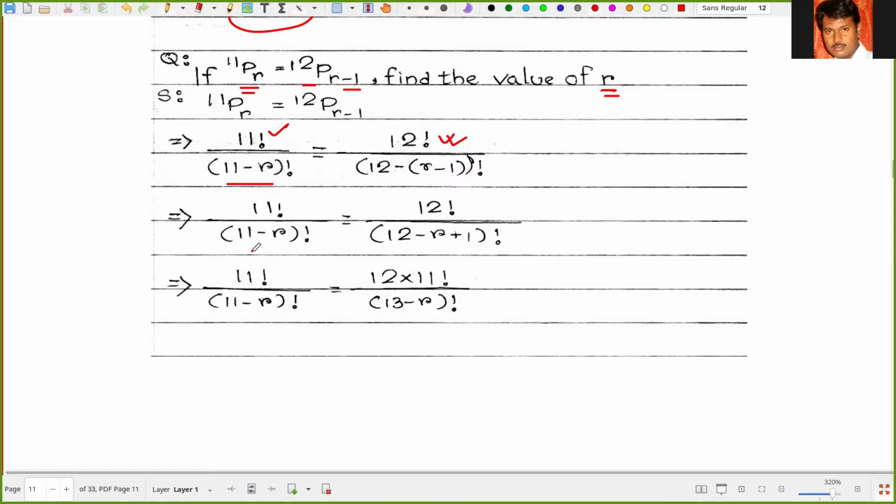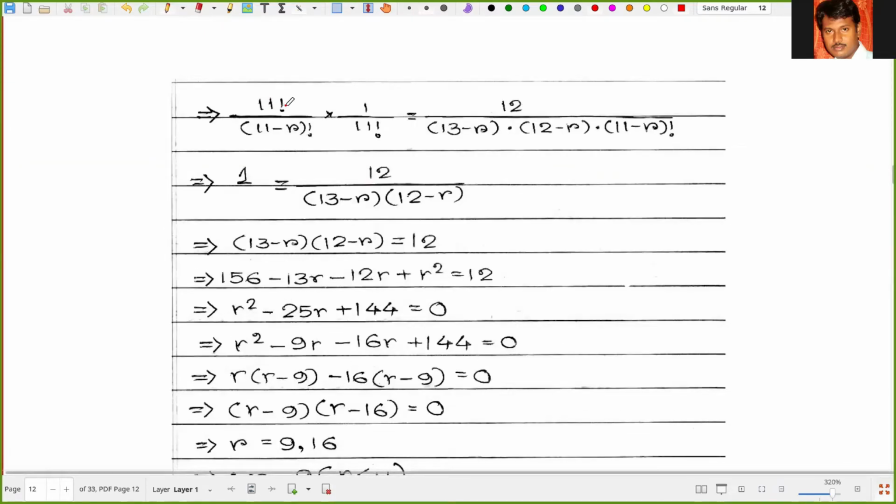So 11 factorial upon 11 minus R factorial is equal to 12 factorial upon 13 minus R factorial. Now we can write 12 factorial as 12 into 11 factorial, so we can divide 11 factorial from both sides. So 1 by 11 minus R factorial is equal to 12 by 13 minus R factorial.